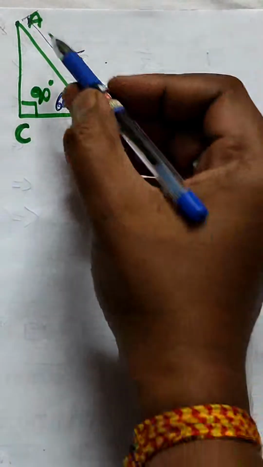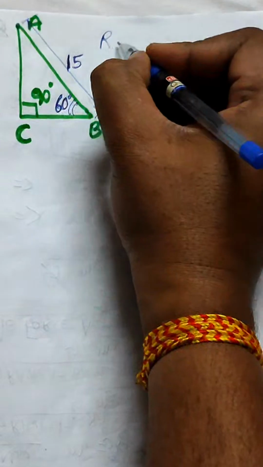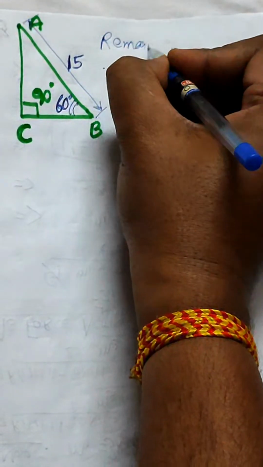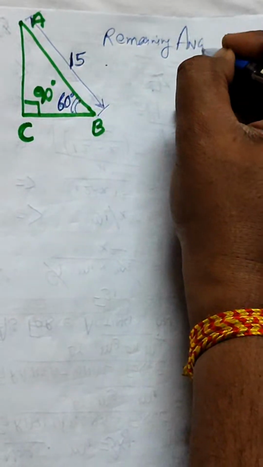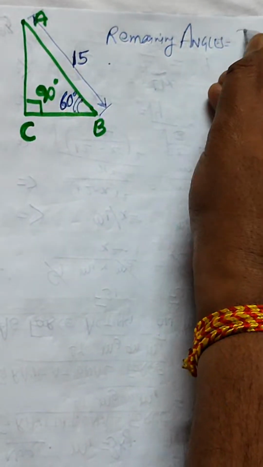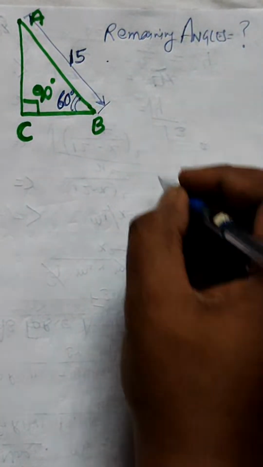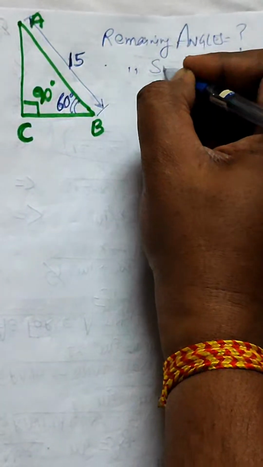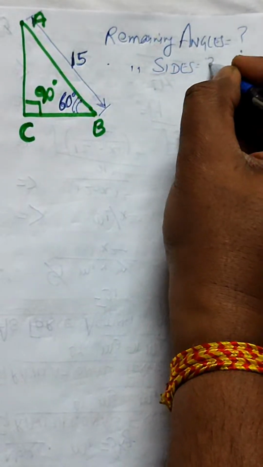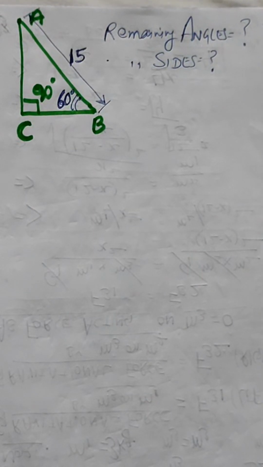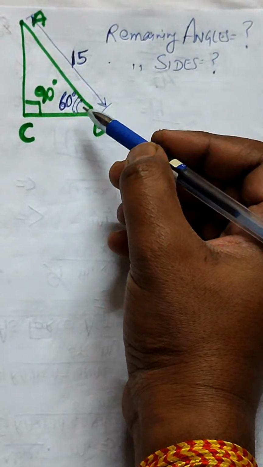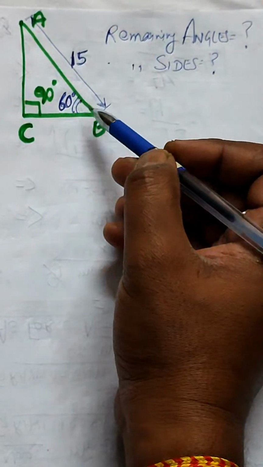So, students, the remaining angles and the remaining sides are what we need to calculate, right? In trigonometry we know the trigonometrical ratios of sine and cosine, and we will be using those. But before that, first find the remaining angle.